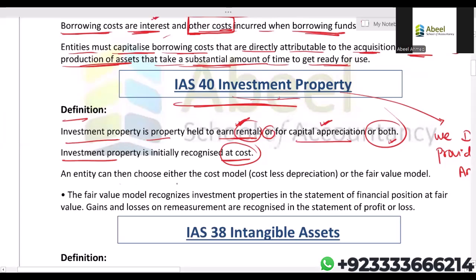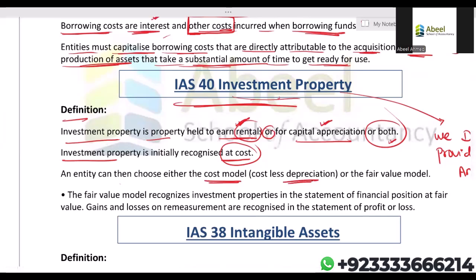An entity can choose either. Later on, you have two options. Either go for the cost model or a fair value model. An entity can choose the cost model. Now listen, student, IAS 40 investment property, you can choose cost model. But if you're choosing the cost model, then you have to depreciate as well. So always remember one point.